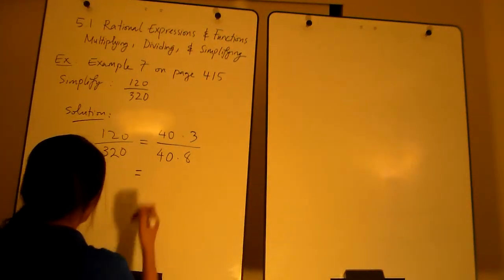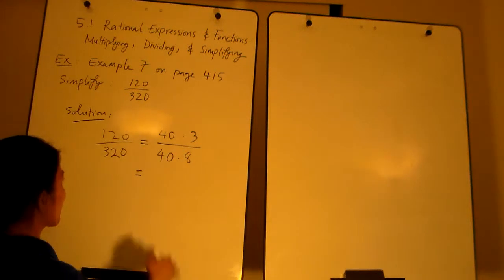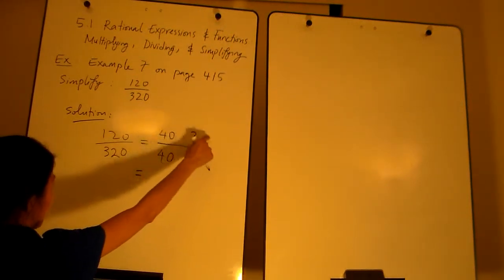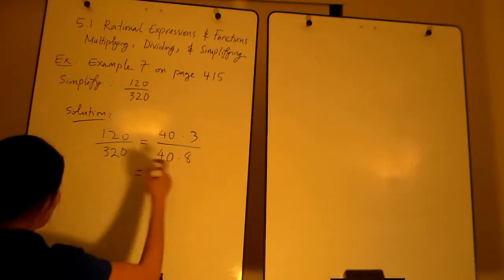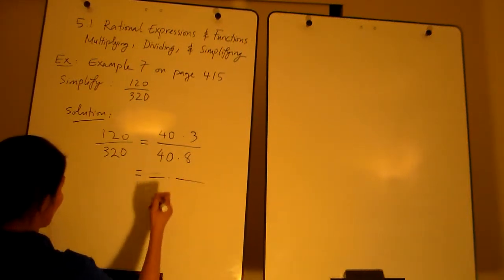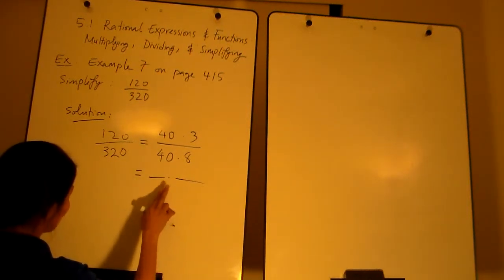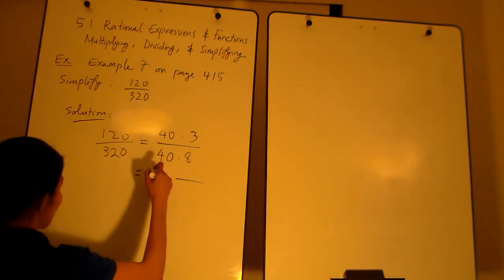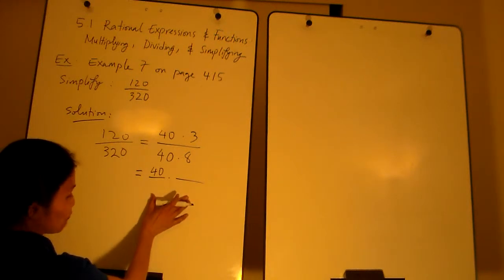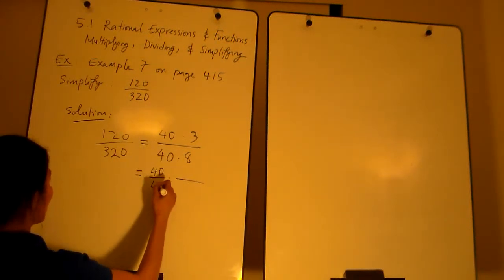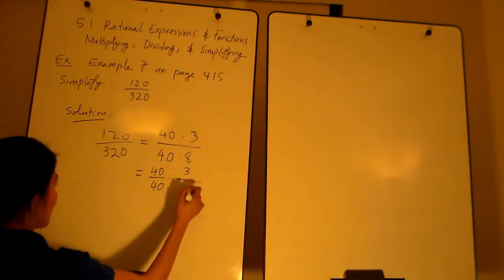Now, you look for common factors. 40 is a common factor of 120, and 40 is also a common factor of 320. You can rewrite this as two rational factors, 40 over 40 times 3 over 8.